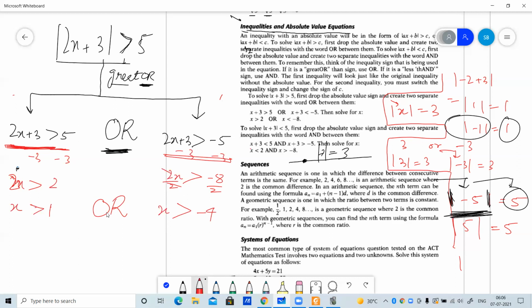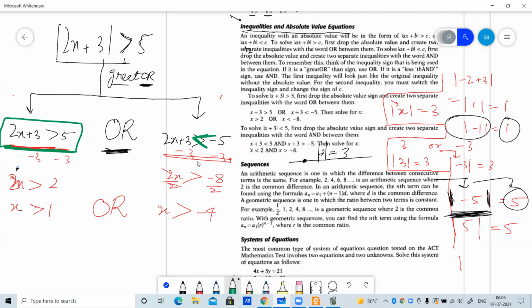But we have done one mistake. That is it. One mistake we have done, I mean to say I have done, that we need to rectify. And that is when you're writing the two inequalities, that is 2x plus 3 is greater than 5, or 2x plus 3 is less than -5.